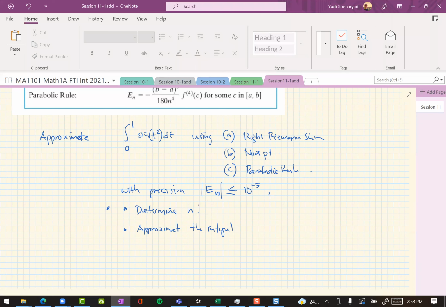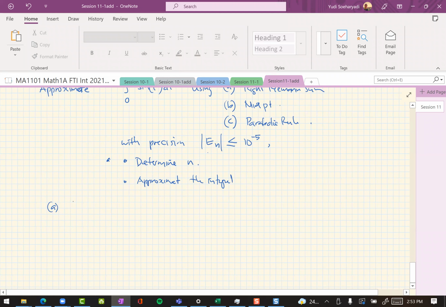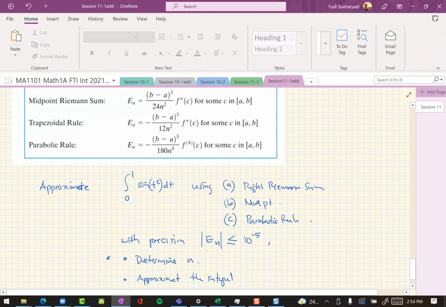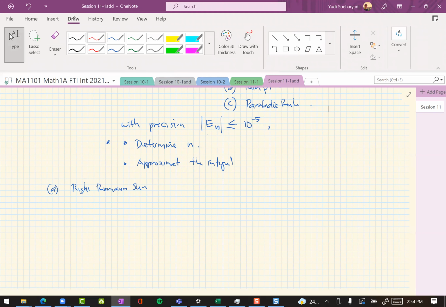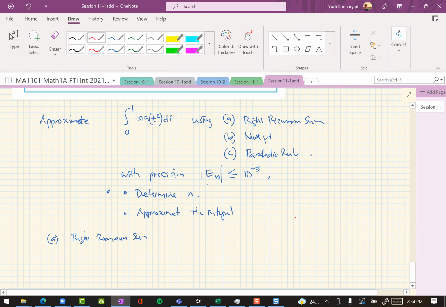Let's do the first one here before we take a break, because part C is rather cumbersome to compute. So, the right Riemann sum. Here the problem has A equals 0, B equals 1, and n is what we need to find.